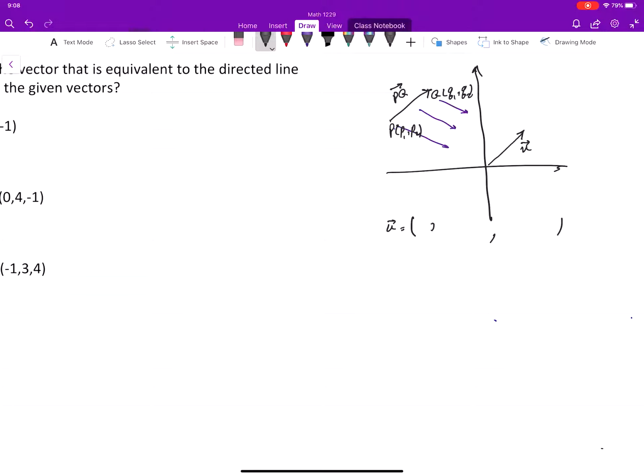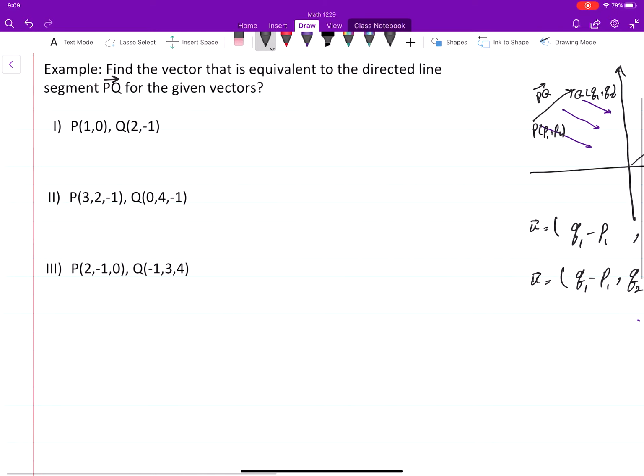So in other words, Q1 minus P1, Q is the endpoint minus the starting point, and the second component will be Q2 minus P2. And in the three-dimensional case, you also have the same kind of idea. The corresponding coordinates of end minus starting, end minus starting, end minus starting.